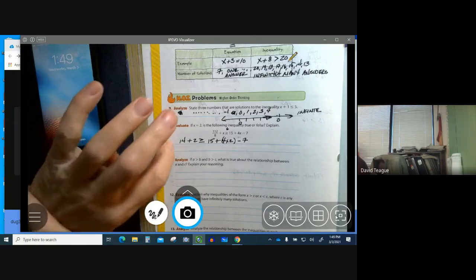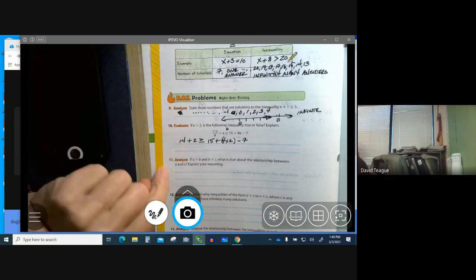Go ahead and simplify this expression. Tell me whether that inequality is true or false.